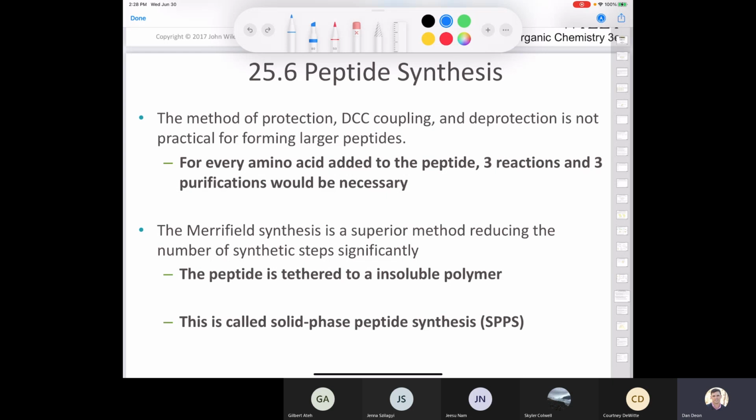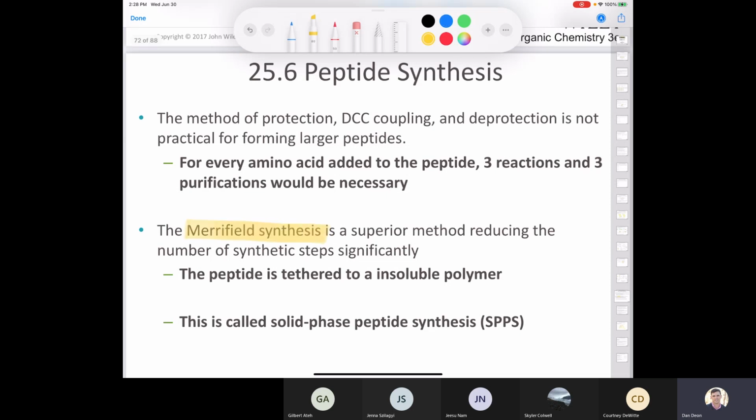But if you want to make a really big peptide, I'm not talking about an octapeptide, I'm talking about 50 or 100 amino acids linked together, well, for every single amino acid that you add, you've got to do 3 reactions: protection, coupling, and deprotection. That's a lot of chemistry. So there's a superior method for doing this, and it reduces the number of steps significantly.